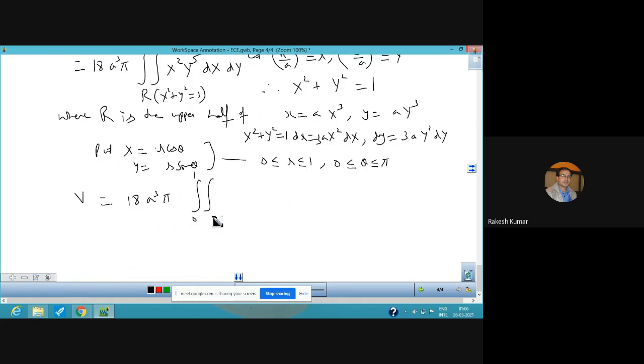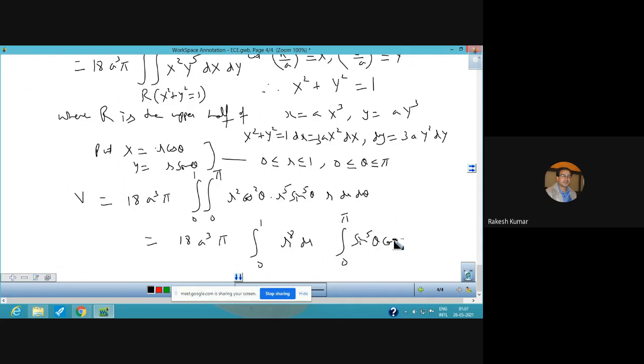So that is 0 to 1 and 0 to pi. You will have r square cos square theta, r^5 sine^5 theta. This r is from the Jacobian, r dr d theta. So 18 a cube pi, 0 to 1 r^8 dr, and 0 to pi sine^5 theta cos square theta d theta.